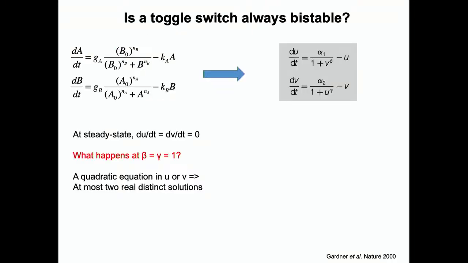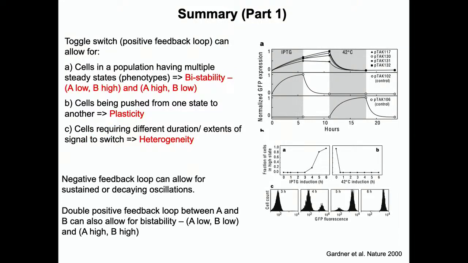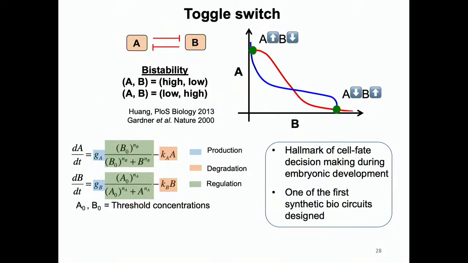We've already talked about this, that it's not always bistable. Now, if this was a double positive feedback loop, right, these equations would change. Instead of B naught, you would have B in the numerator because it's 1 minus this, and these nullclines would also change. So if both of them activate each other, you would also have 2 states, but those 2 states would be both low or both high.